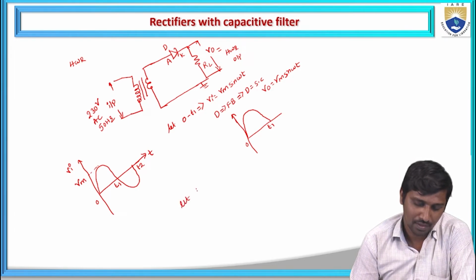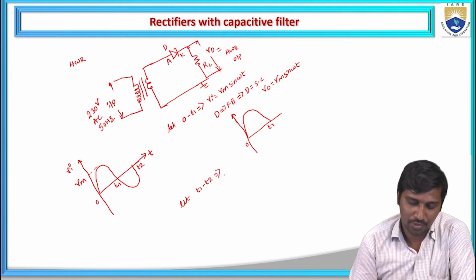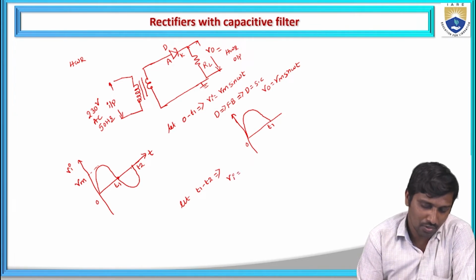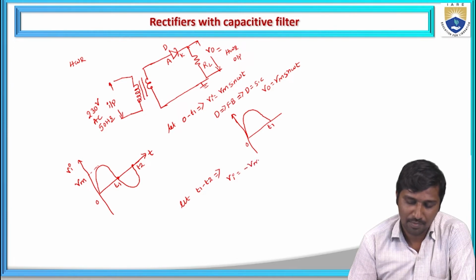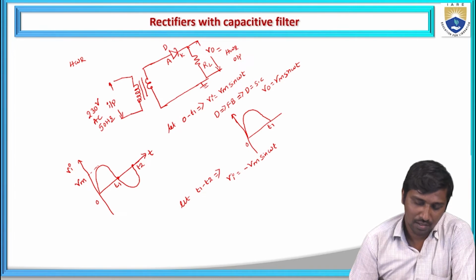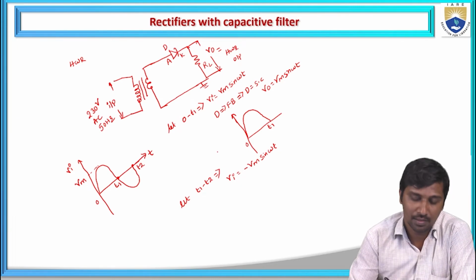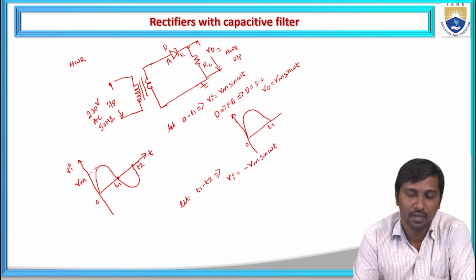Similarly, for the t1 to t2 interval, the given input signal is represented as minus Vm sine omega t. Under this condition, a negative signal is passing through the anode of the diode.